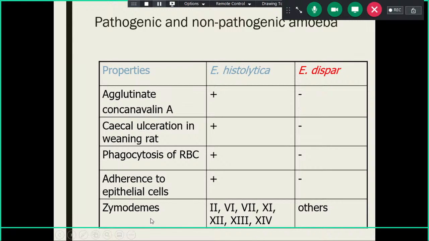Histolytica will give zymodemes, which are enzyme complexes present in histolytica that help in its pathogenesis. So histolytica will have 2, 6, 7, 9, 12, 13 and 14, whereas dispar will have the other numbers. These are complex tests which you can theoretically remember but which are hardly done in a lab.